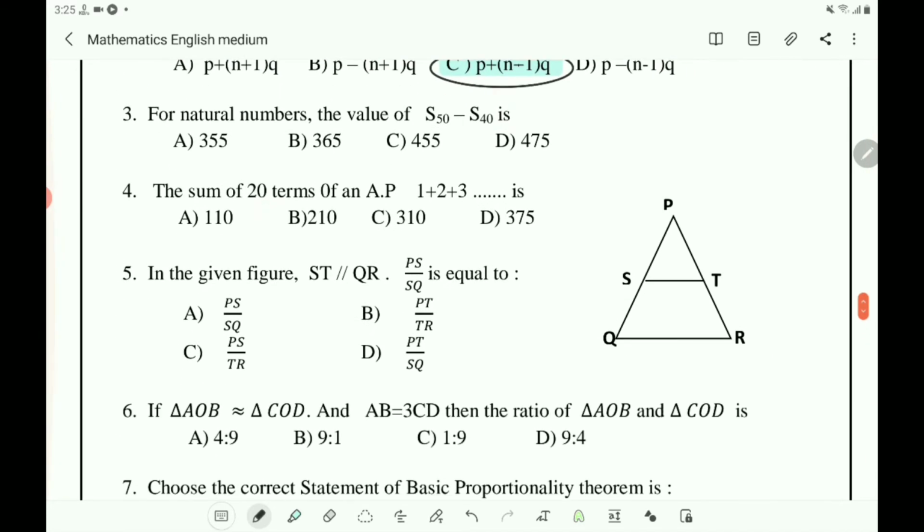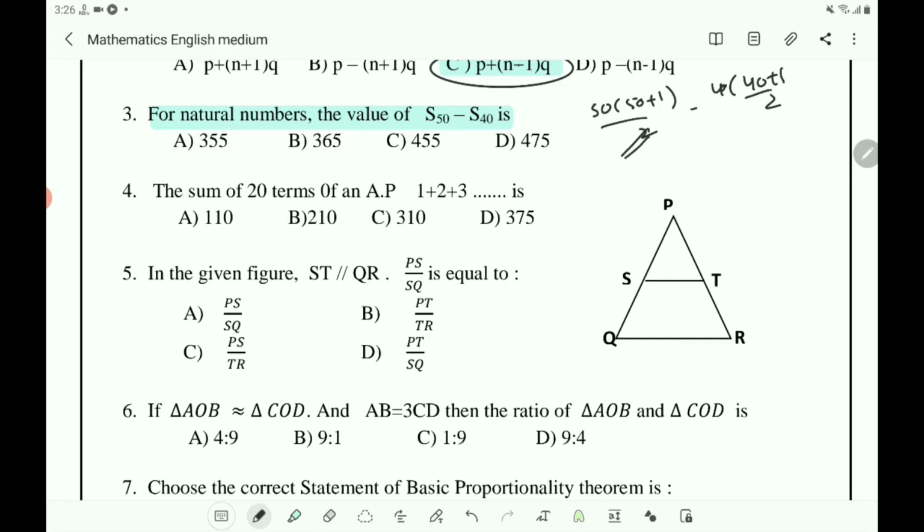Then you take question number 3. For natural numbers, the value of S50 minus S40 is. Here S50 means 50 into 50 plus 1 by 2, minus S40, 40 into 40 plus 1 by 2.